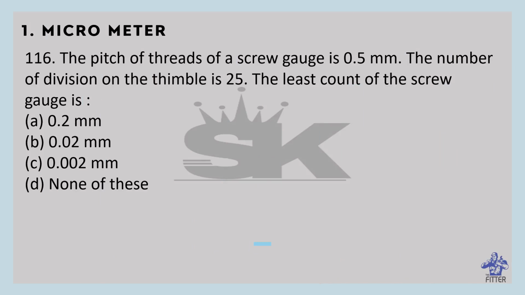The pitch of threads of a screw gauge is 0.5 mm. The number of divisions on the thimble is 25. The least count of the screw gauge is? So here least count equals pitch of thread by number of divisions on thimble.